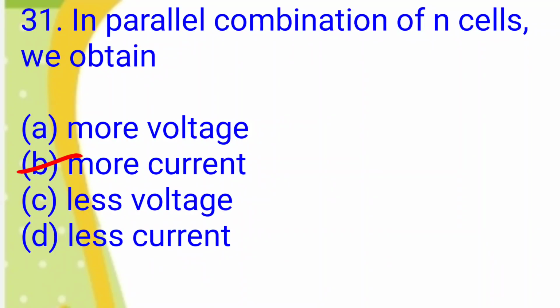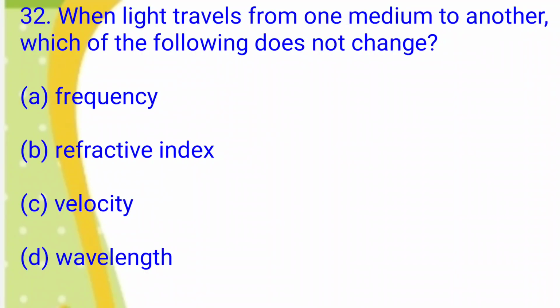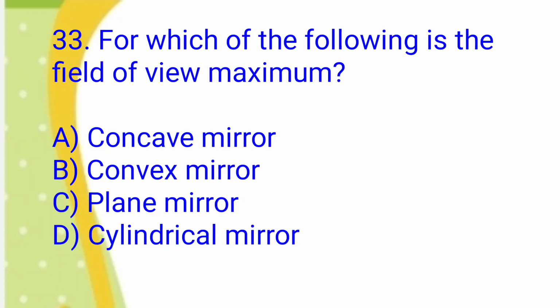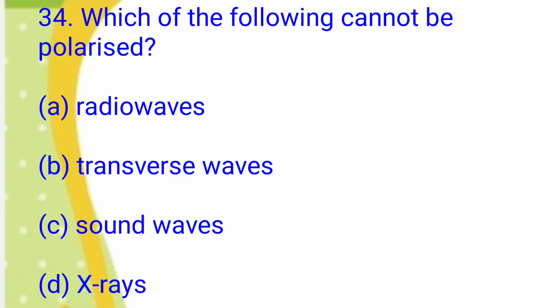In parallel combination of N cells, we obtain more current. When light travels from one medium to another, which of the following does not change? That is frequency. For which of the following is the field of view maximum? Option B, convex mirror. Which of the following cannot be polarized?